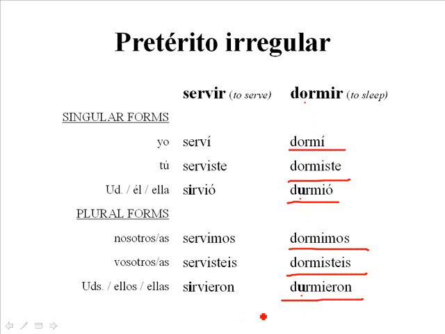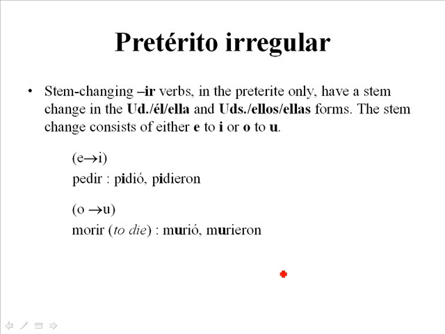Let's change here again. Okay, the IR verbs are the only ones that stem change in the preterite. In this case, we have changes either from E a I or from O a U. That is to say, pedir, pidió, pidieron.